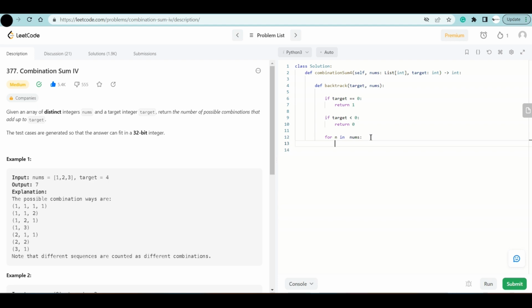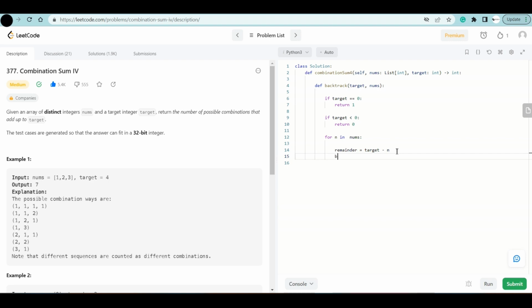Then I'm going to compute the remainder, because just like in the diagram I showed you, we take the target and subtract n from it. The reason we're subtracting is because we want to possibly get to 0. If it gives us a negative, then we know that we can't sum up to that number.